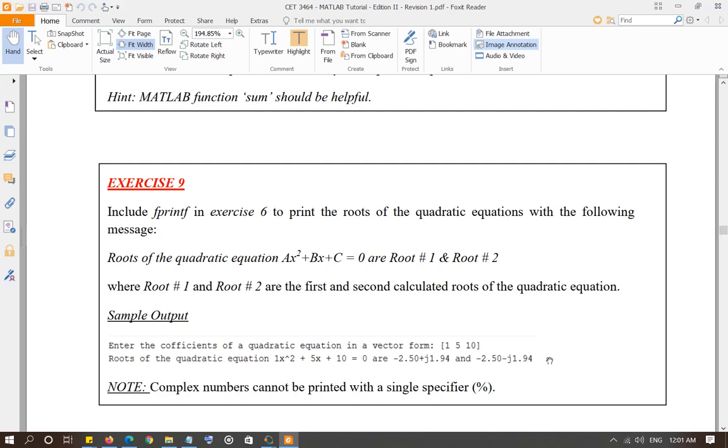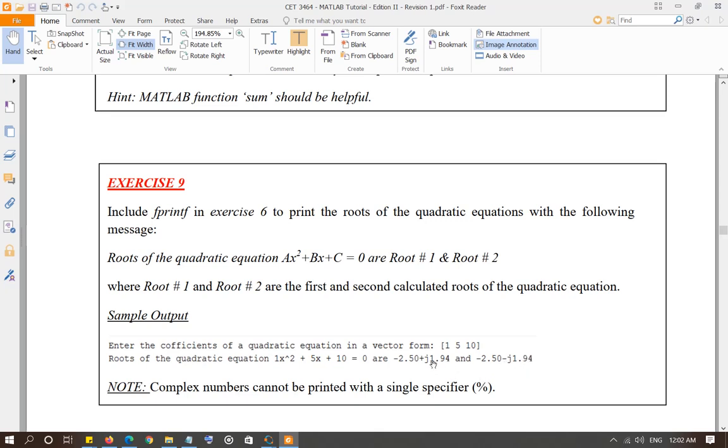The second trick is to extract the real and imaginary parts of the complex number using the functions real and imag, and then use a specifier to print each, and just write down plus j and print this, and then print this, write down negative j, print this.